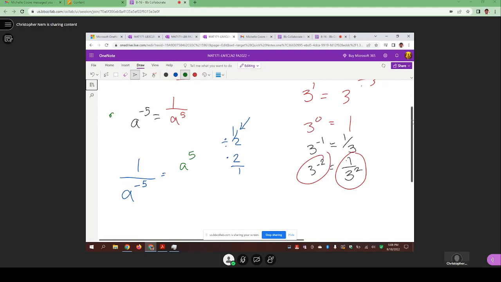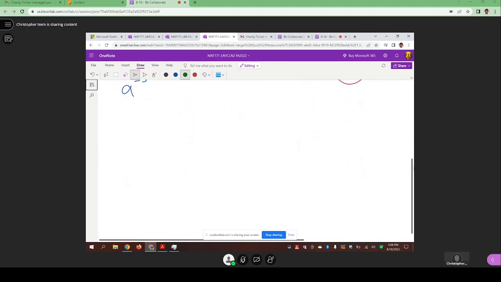Then we could say that, hey, if I have b to the negative 3rd power, let's say c over here, in this case, let's do c to the negative 3rd power as well. None of these bases are the same.